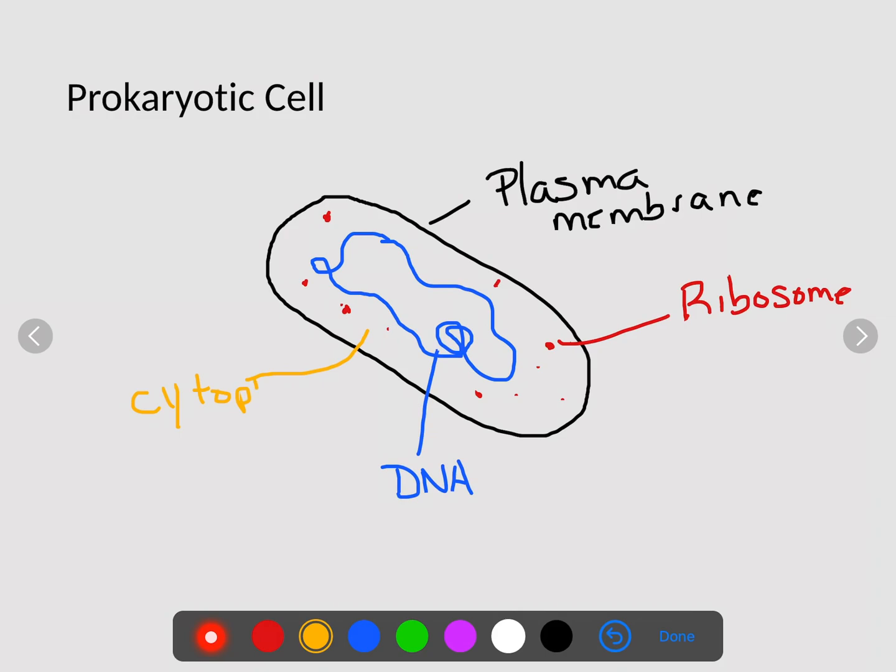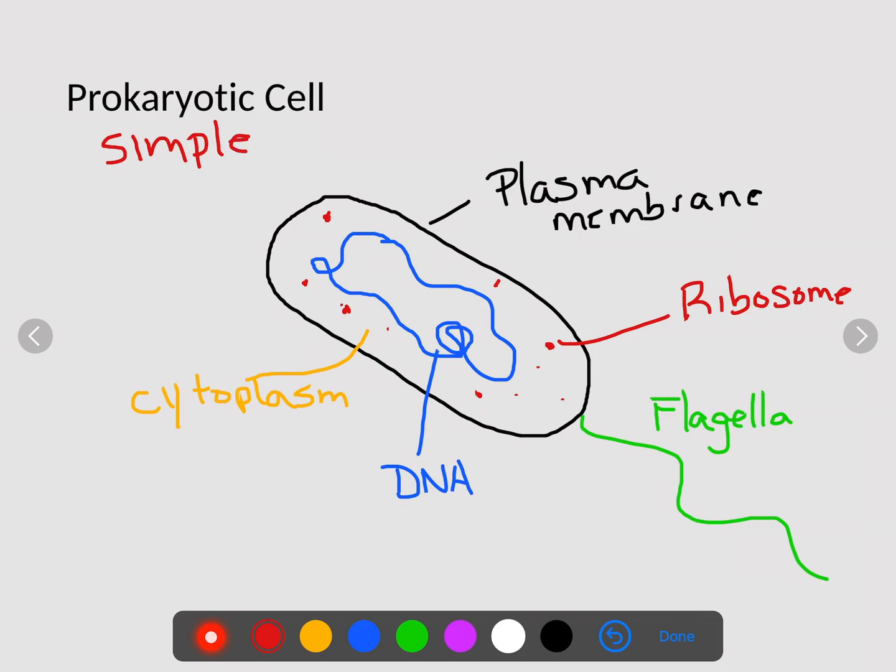And we call that the cytoplasm of the cell. And finally, we have a whip-like structure that is used for movement. We call that the flagella. So again, all of these things are found inside of a prokaryotic cell. And you'll notice this prokaryotic cell is simple. It's not very complex. It's simple and it's small.